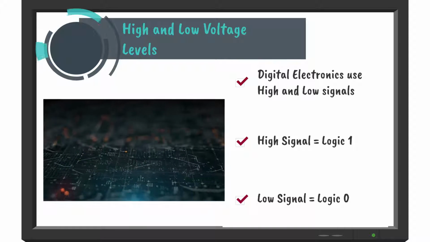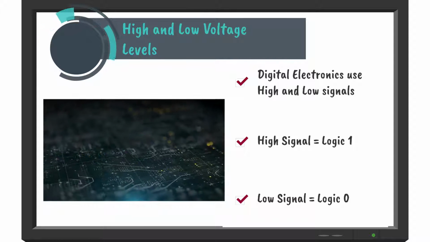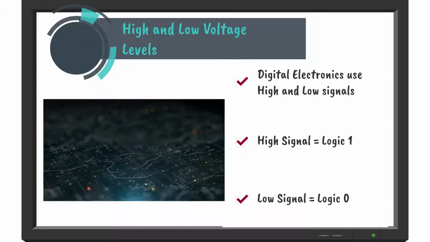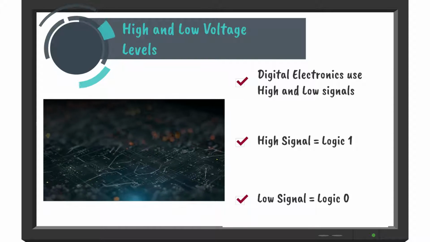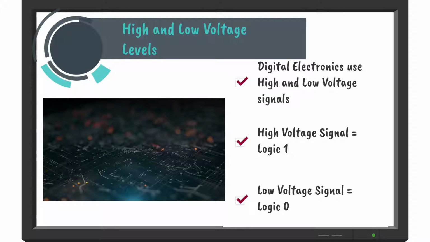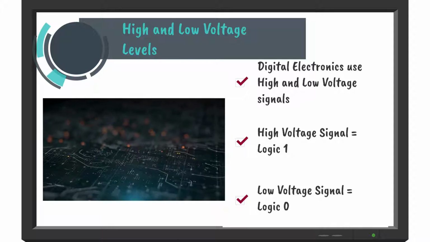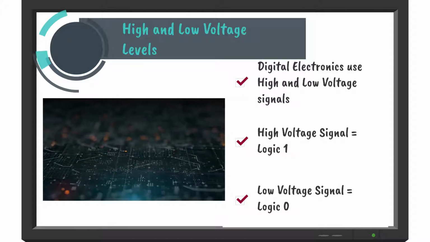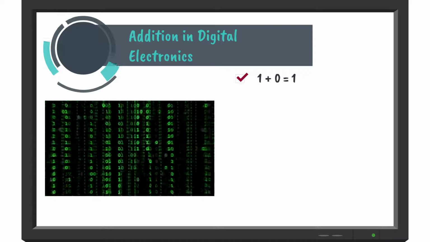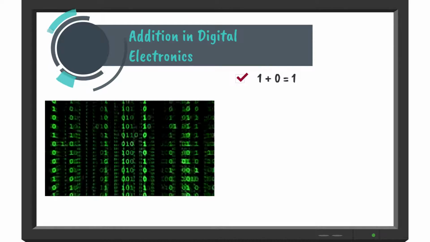So generally, a high signal is equated to a logic 1, and a low signal is equated to a logic 0. You can only have two possible outcomes and two possible inputs, a high or a low. If you add 0 and 1, you get 1 in digital electronics and in maths.